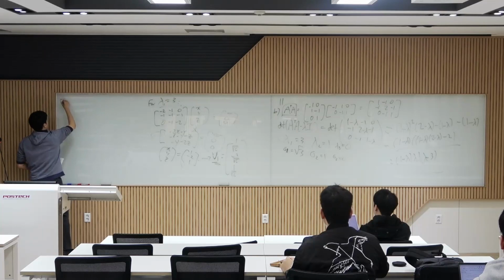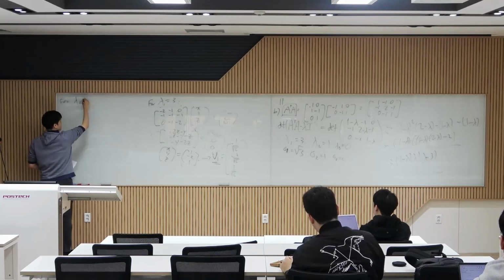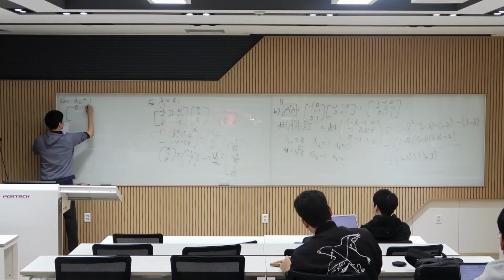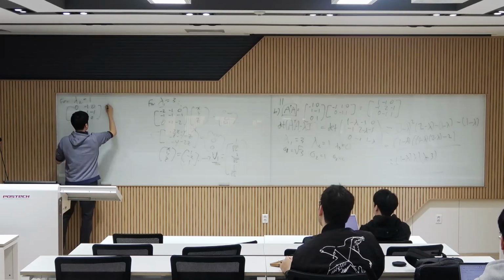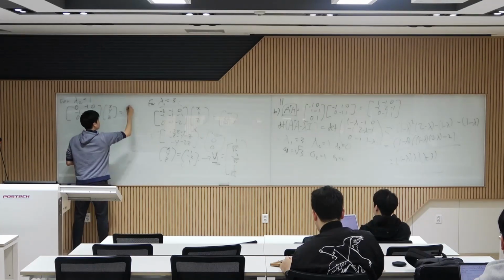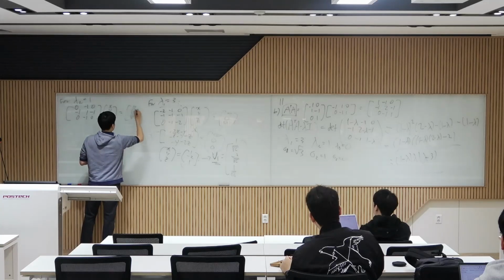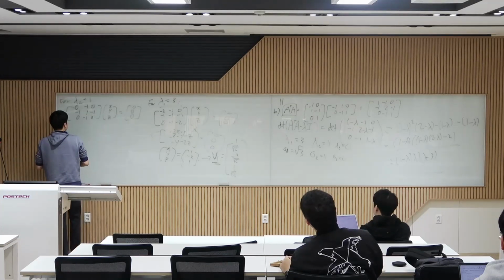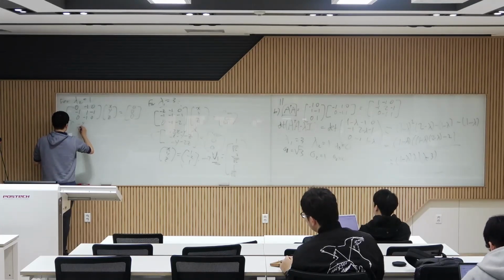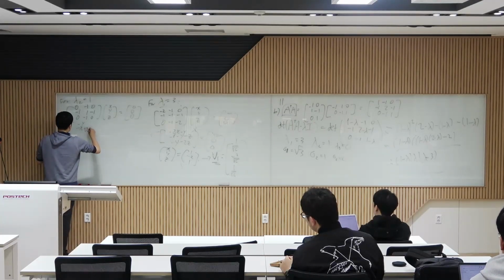Now for the second eigenvalue, which is 1, we write the equation. This gives us minus y, minus x plus y, plus minus z.